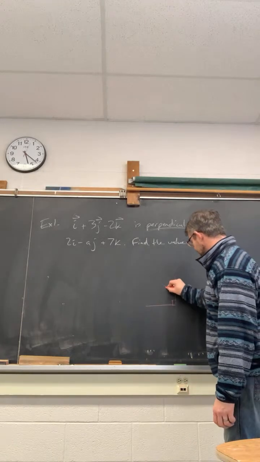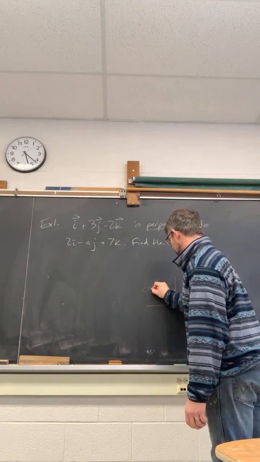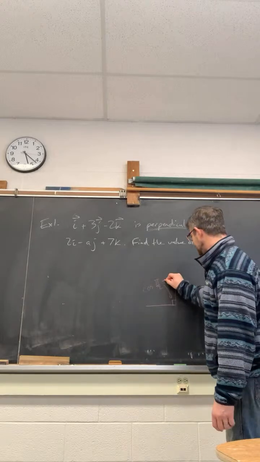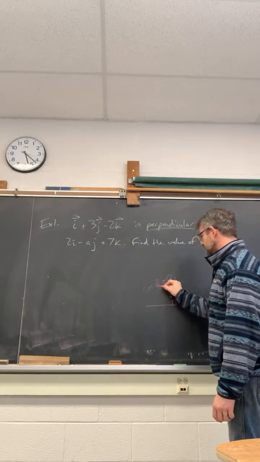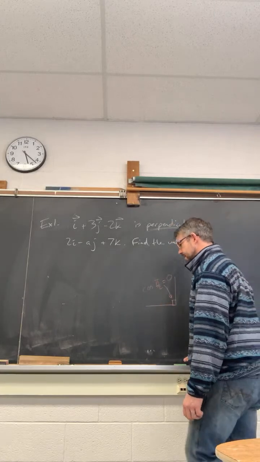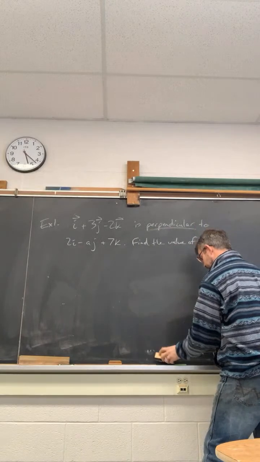Now, if I wanted to find the cosine of pi by 2, I guess the cosine of pi by 2 is 0, is it not? So if the cosine of pi by 2 is 0, and we're looking for something that's perpendicular, that means that the dot product of these two things better be 0 as well.